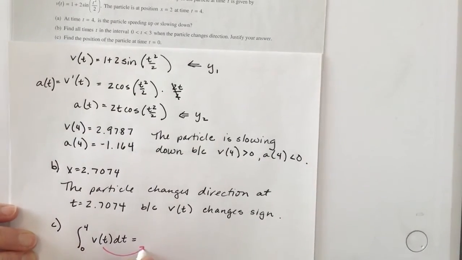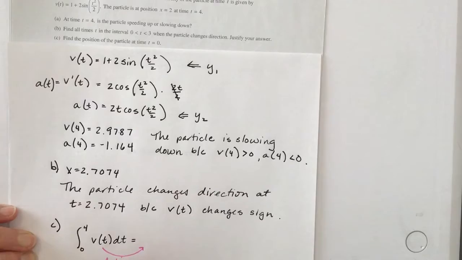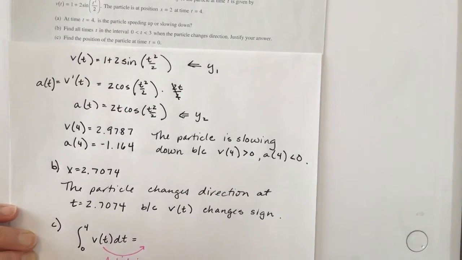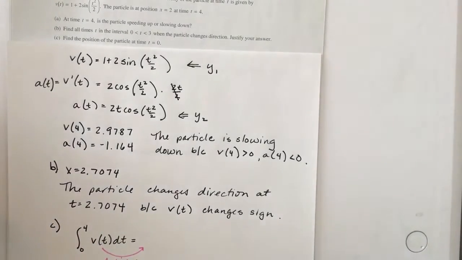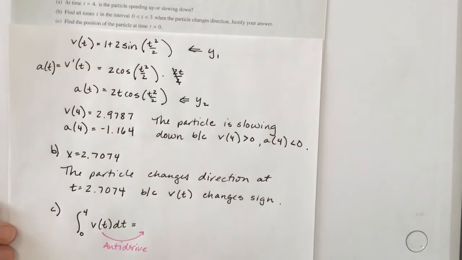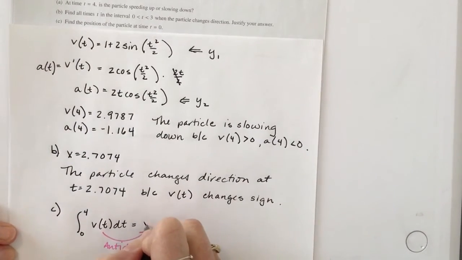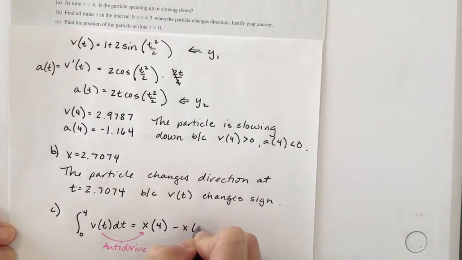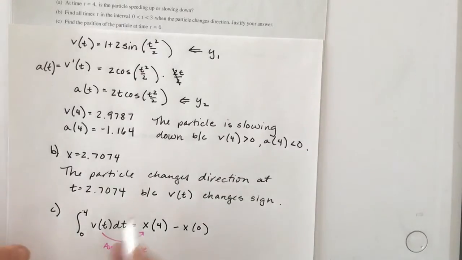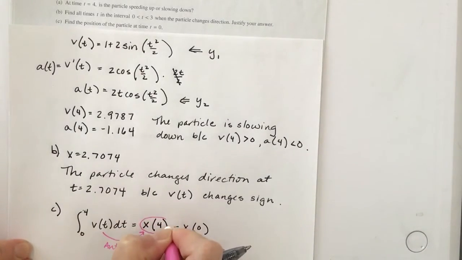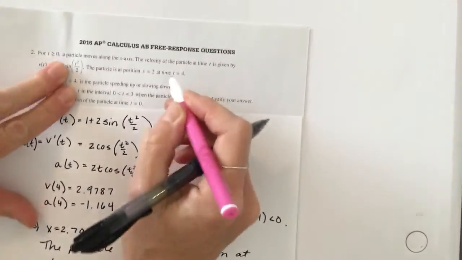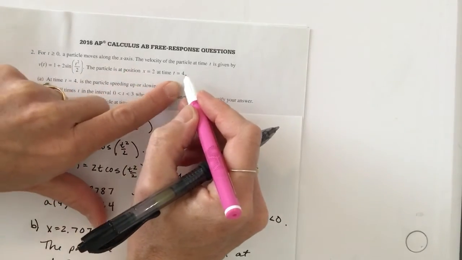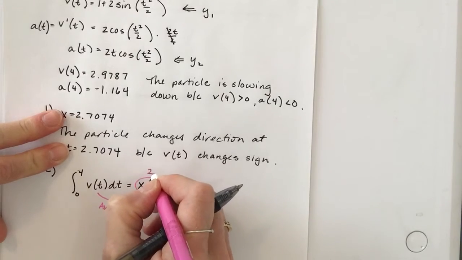So from here to here, we antiderive v, we get position x, and we plug in the top minus the bottom. We know this portion, they told us back here, x equals 2 at t equals 4. So we could plug in 2.